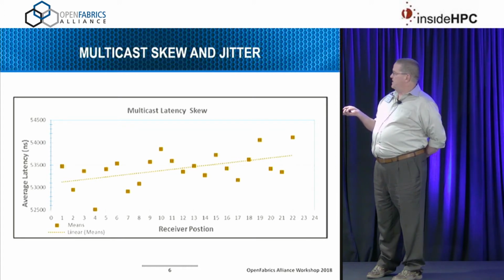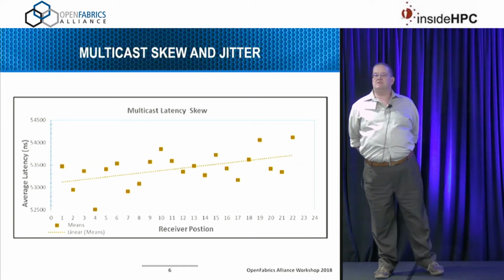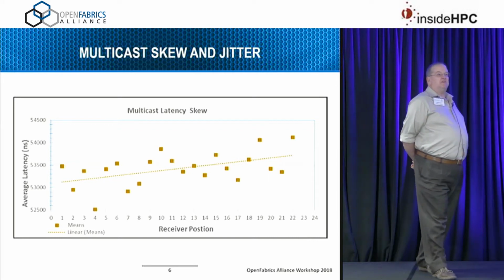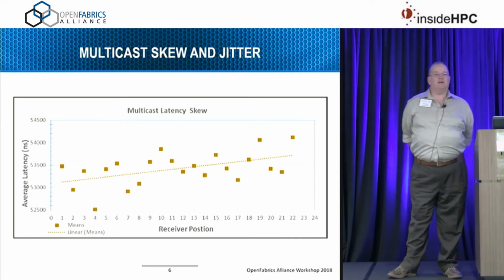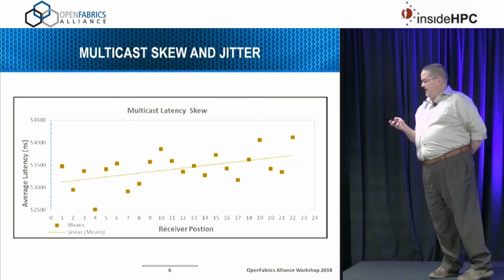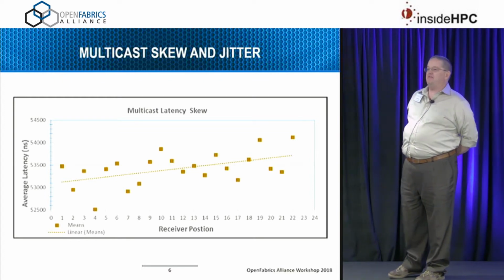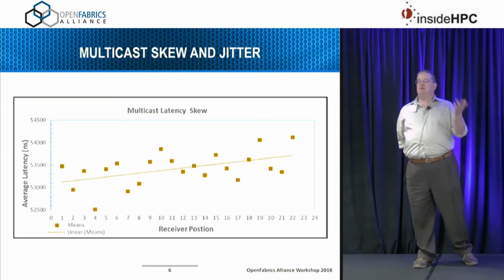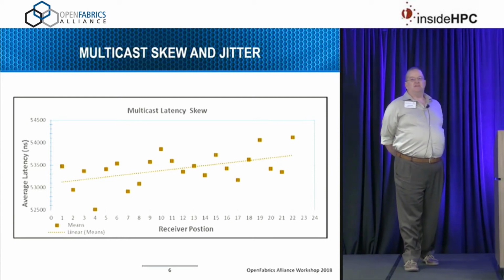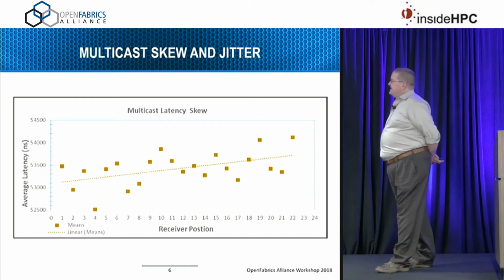And then the least squares fit line right here of all those data points has an increasing slope to the right, which is indicative of the skew that you typically get from a serial retransmission of a packet on a software-based switch. I'm also going to point out that in this particular test scenario, you'll notice that this data is centered right around 53.5 microseconds. I can go into a lot more detail behind this chart if anybody wants to talk about it offline. But we'll see this again in just a little bit.